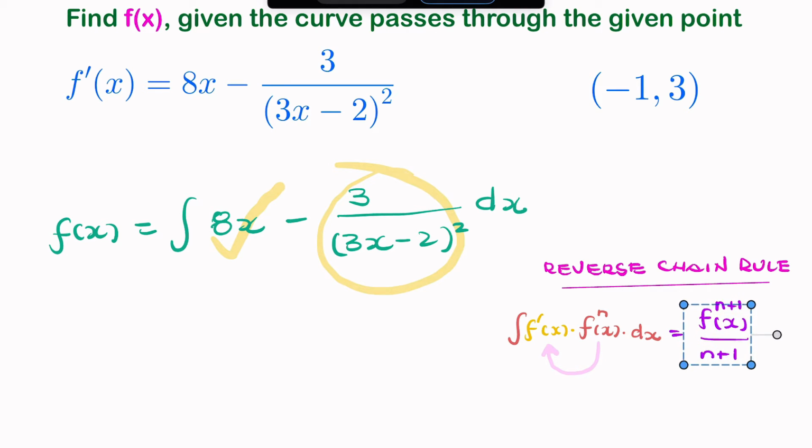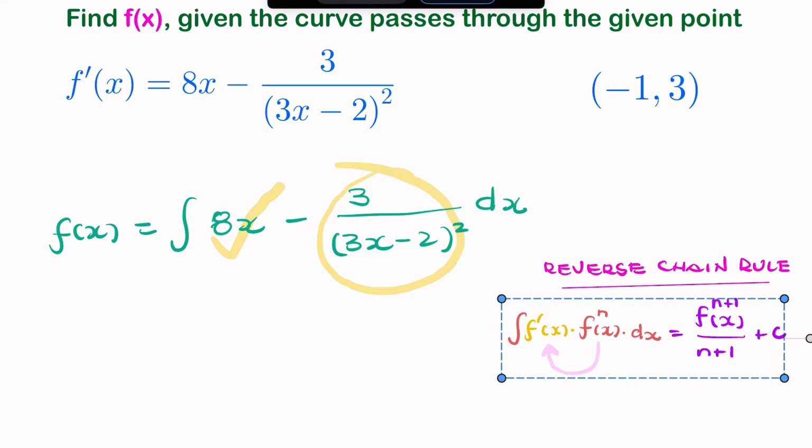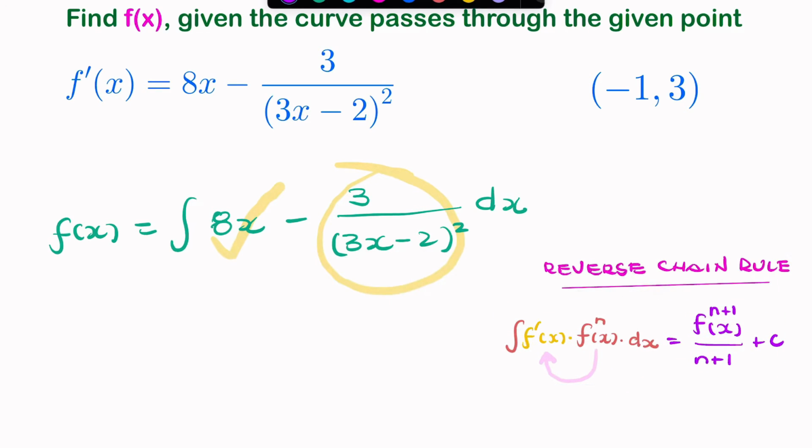So whenever you have a function raised to a power multiplied by its derivative, we can ignore the derivative and simply raise the function to the power n plus 1 and then divide it by the new power.